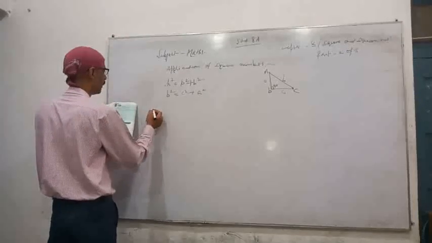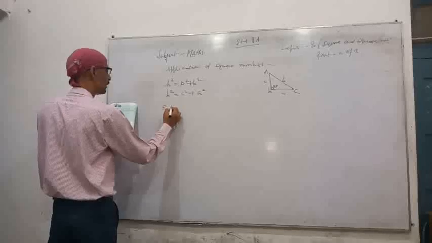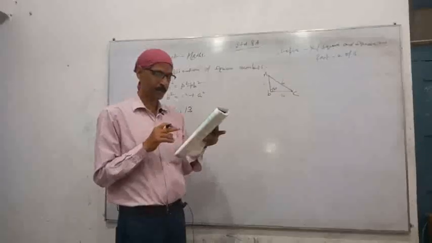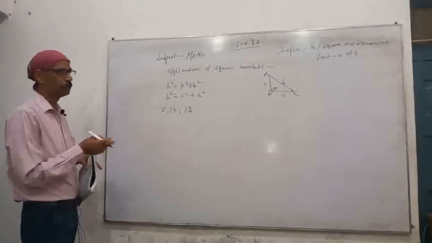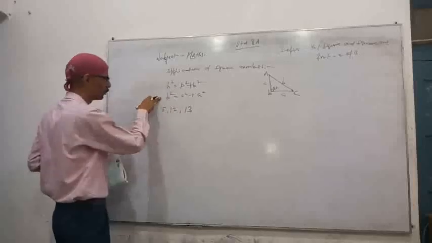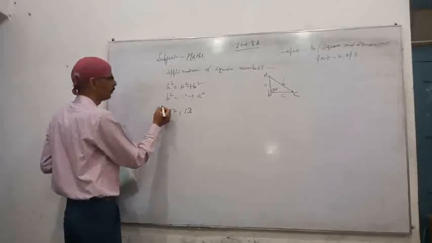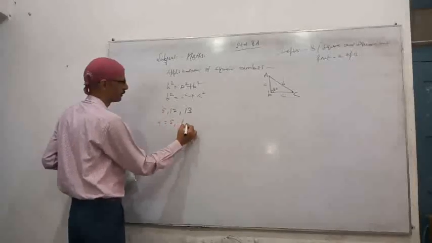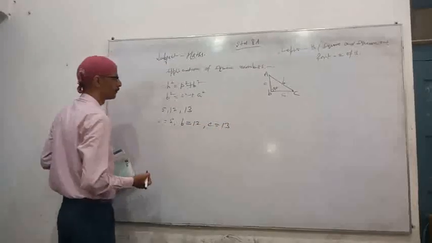Suppose you have to check whether 5, 12, 13 are Pythagorean triplets or not. So how can you check? You can check using this Pythagoras theorem. Suppose A is 5, B is 12 and C is 13.